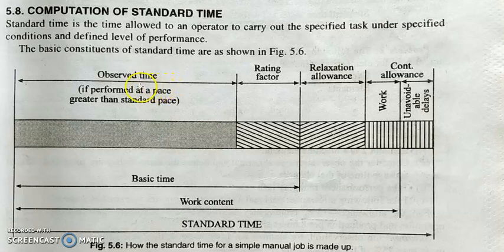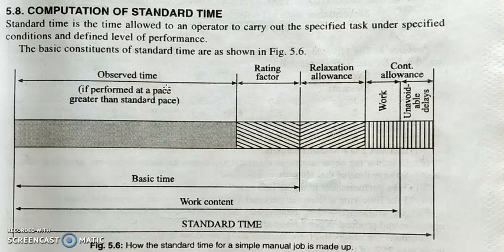So here at the end of each element, the watch reading is recorded and individual element times are obtained by successive subtractions after the study is completed. So this is related to cumulative readings.